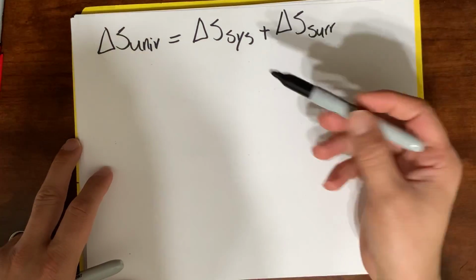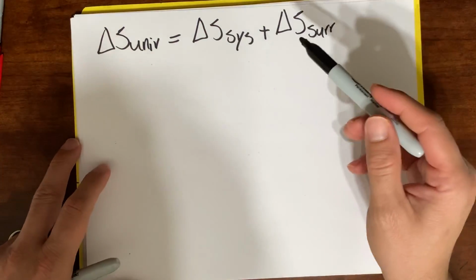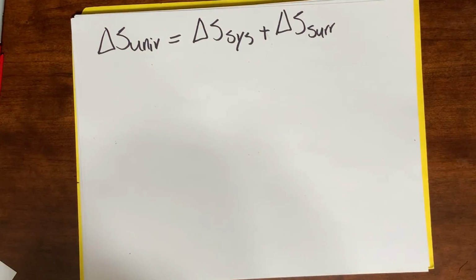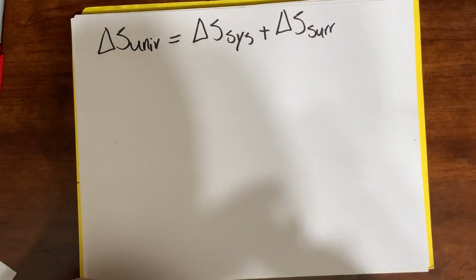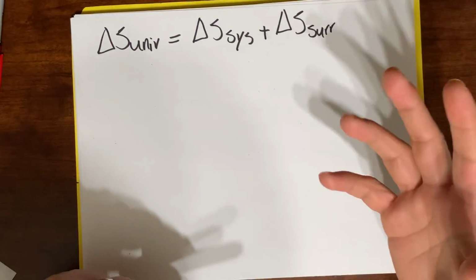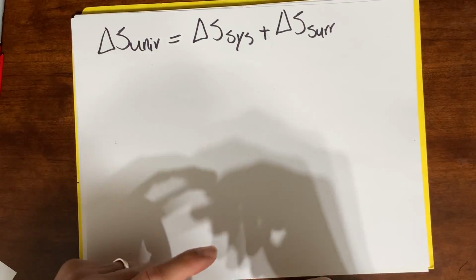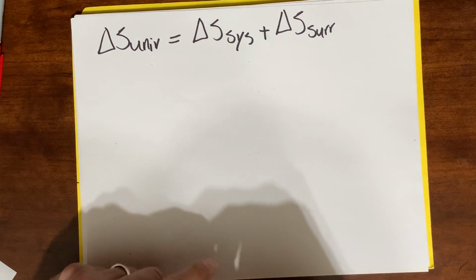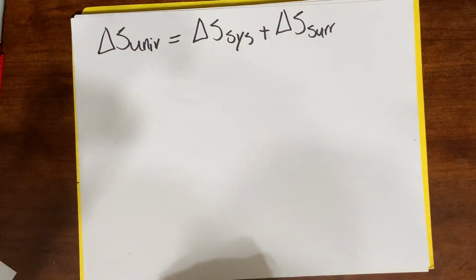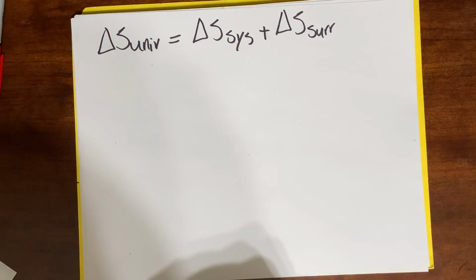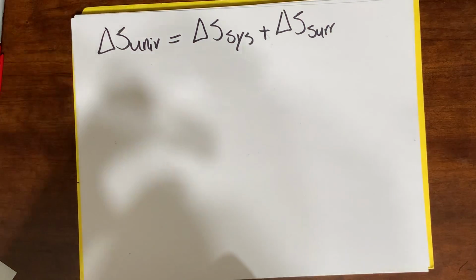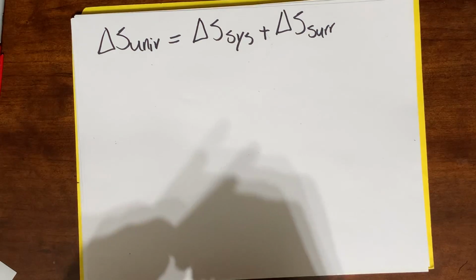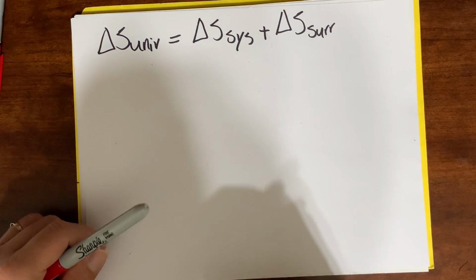I need to know the delta S of the system, and the same thing for outside. And the problem with outside is we do not have control over outside. Usually outside is bigger than us, and the surroundings are bigger than us. Because it's bigger than us, it's really hard for us to calculate the change in entropy or energy in it. But there is a way to figure it out.